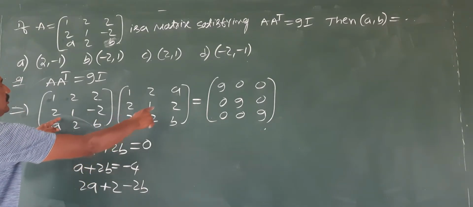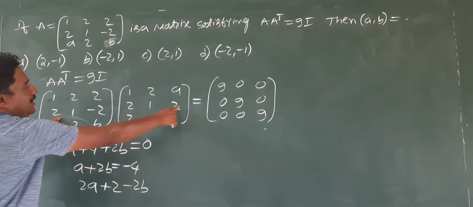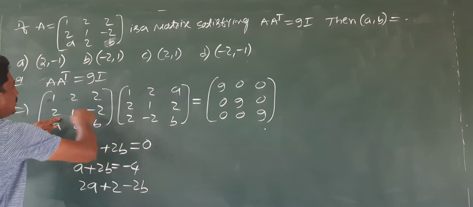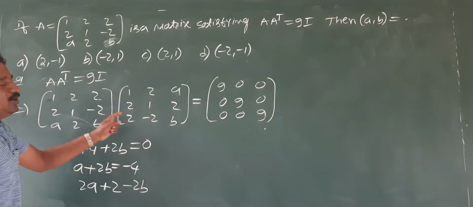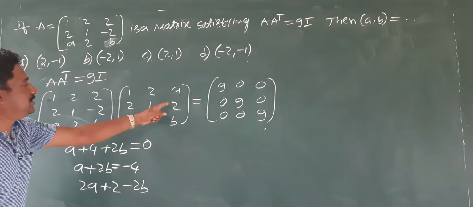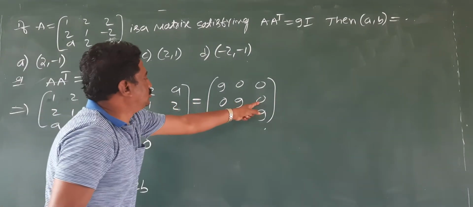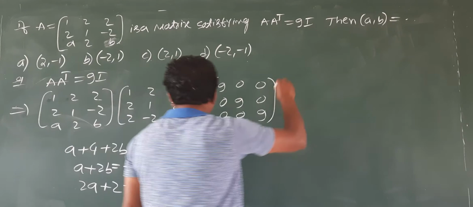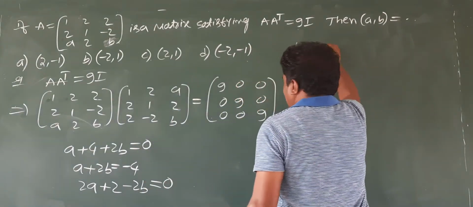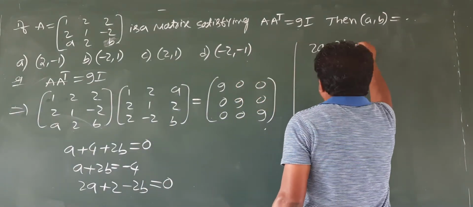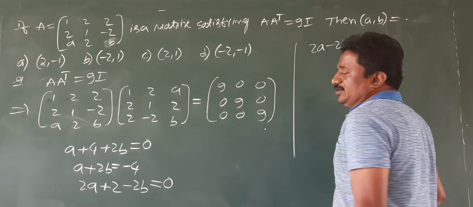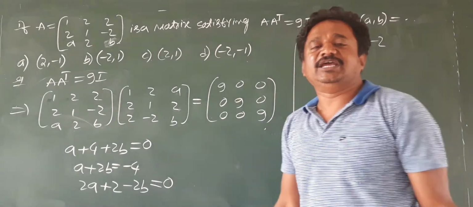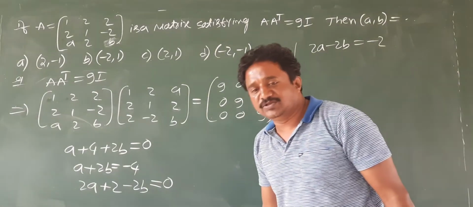The second row, third column element should be equal to 0. So now you write that 2a minus 2b is equal to minus 2. We got two linear equations. You try to solve that.